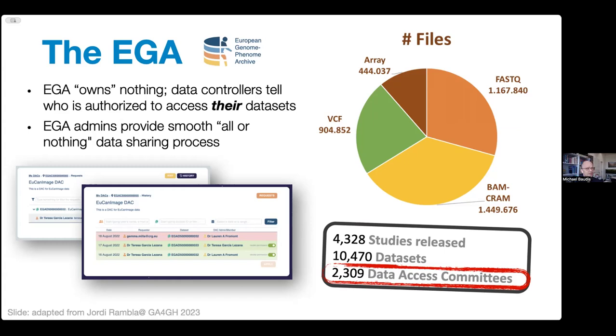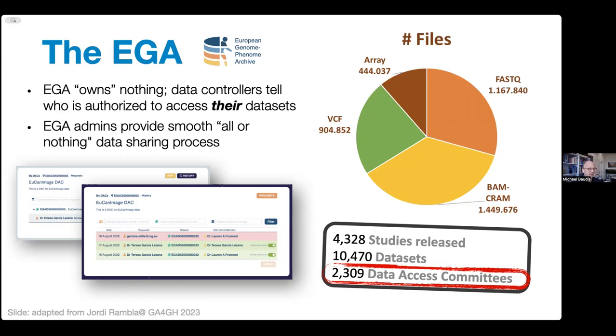The success and the problem of EGA is shown here. There are many, many data sets of different data types, not only sequencing, but they are not owned by EGA, so EGA cannot give you access or combine the data, right? EGA has no power over this. It just provides the way to access the data.